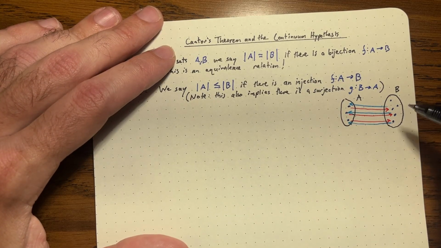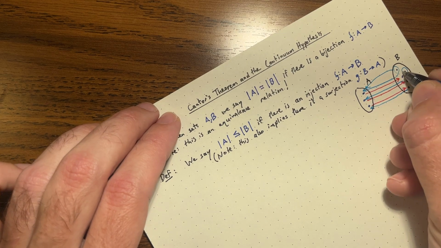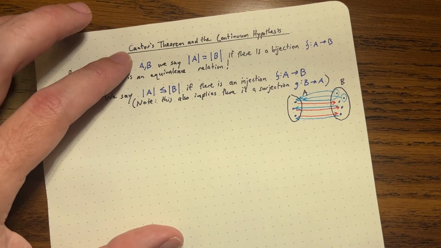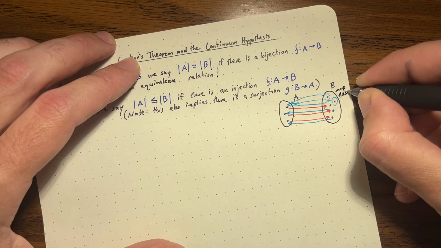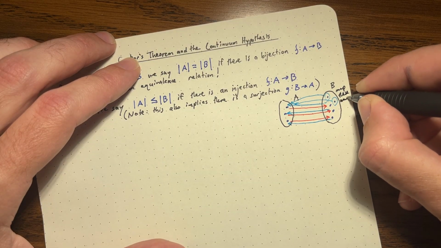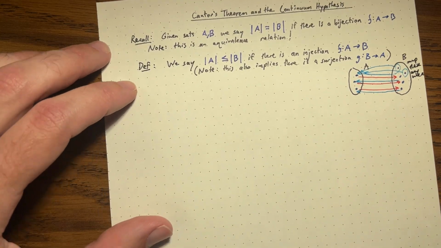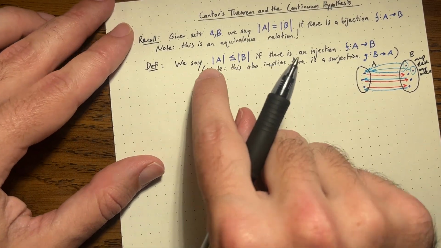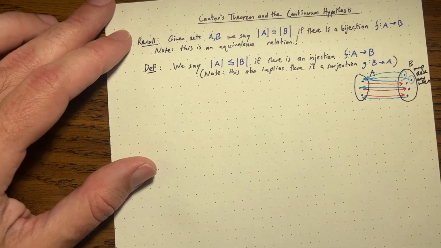The problem is we have these leftover ones, but we can just map these anywhere. So that's the idea, but this is a standard definition. If there's an injective function from A to B, we say this.